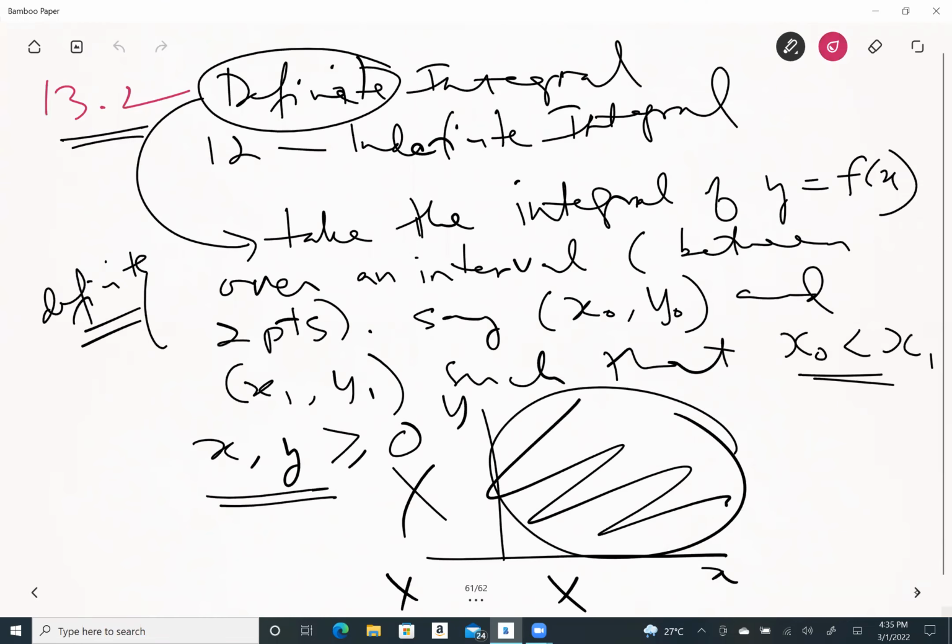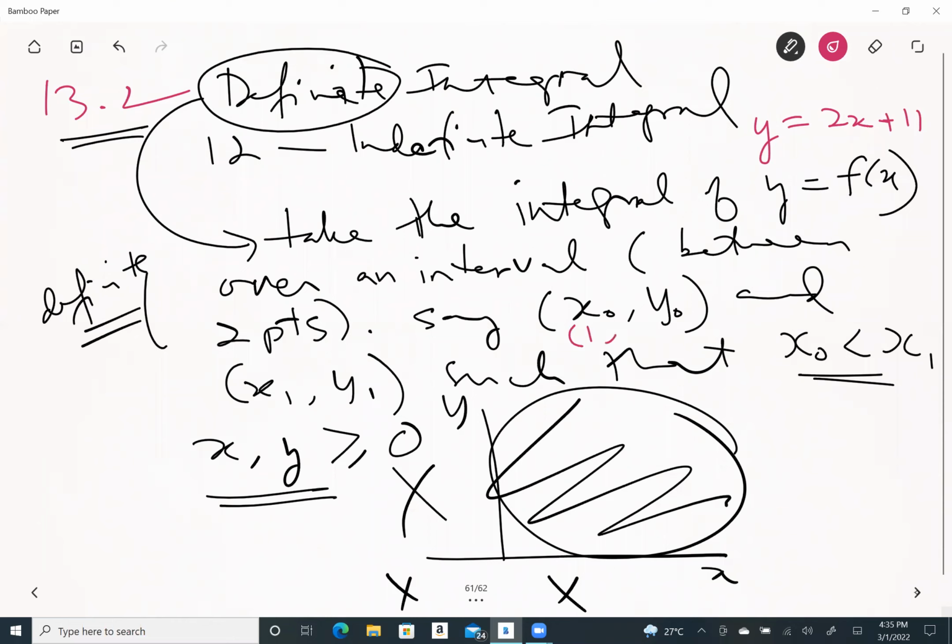Suppose you have the function y equal to 2x plus 11. And then the interval, or from one point to another, we call this x equal to 1.